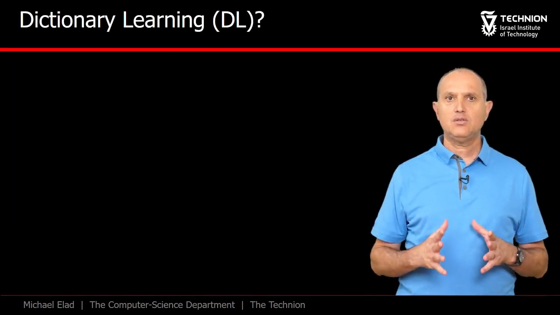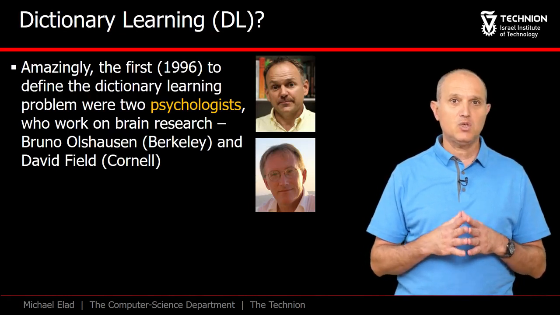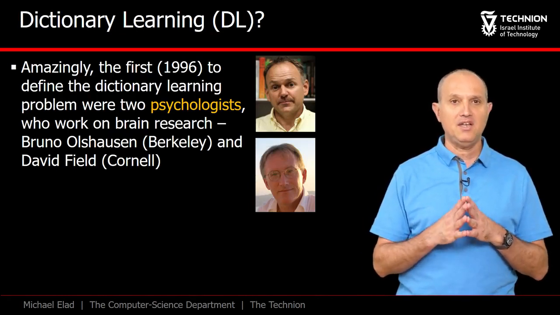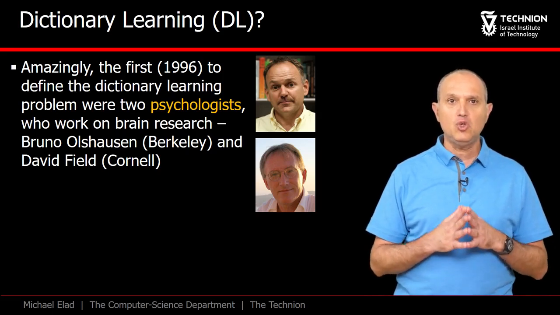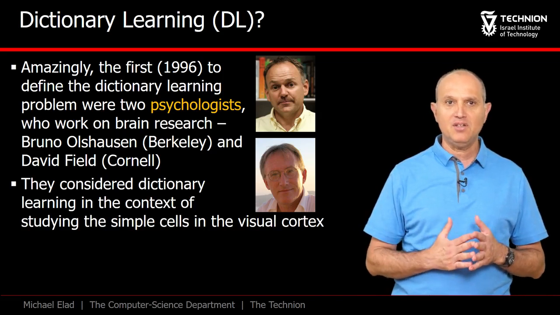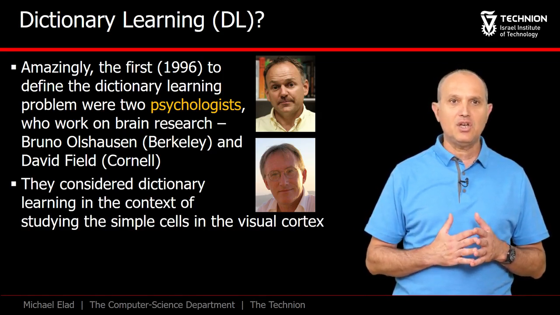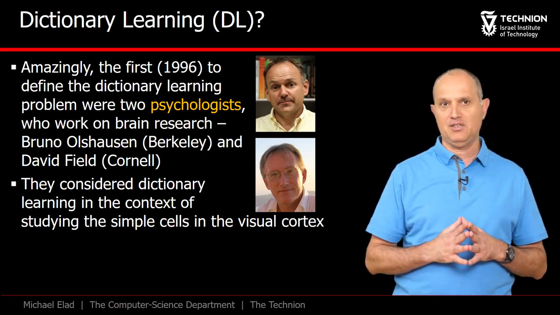This brings us to the alternative of learning the dictionary. Amazingly, this was born several years earlier, in 1996, from the research of two psychologists who studied the human visual system. The seminal paper by Olshausen and Field did not care about dictionary learning as a practical tool for signal or image processing applications.